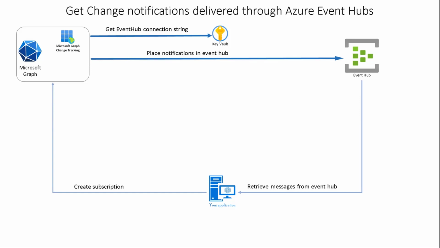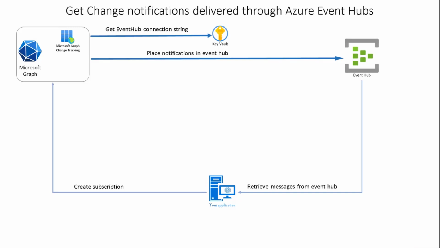The problem is that if the number of changes runs into, let's say, hundreds of thousands or millions, your compute capacity, or the Azure service or Azure website that you have provisioned, might not be able to process all the change notifications within the time that Microsoft Graph expects you to acknowledge that you received a change notification.